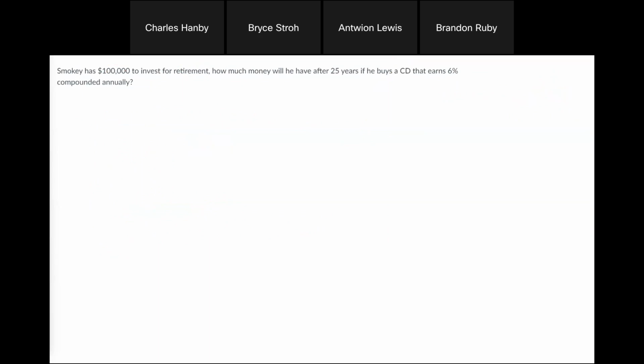Okay. So, Smokey has $100,000 to invest for retirement. How much money will he have after 25 years if he buys a CD that earns 6% compounded annually? So, think of this. You receive a lump sum.